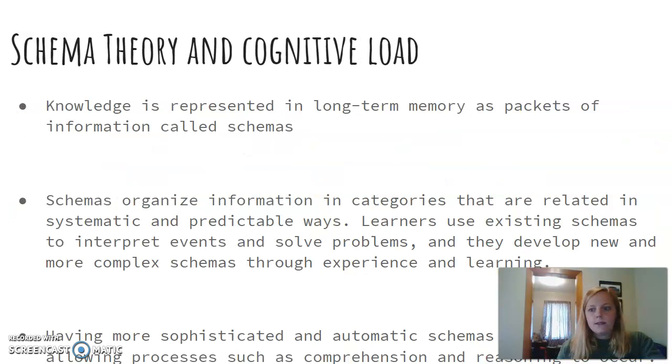Schema theory and cognitive load. This looks at how knowledge is represented in long-term memory as packets of information called schemas. Those schemas organize information into different categories that are related in different ways. Learners can then use those to interpret events and solve problems and help them to develop new and more complex schemas.